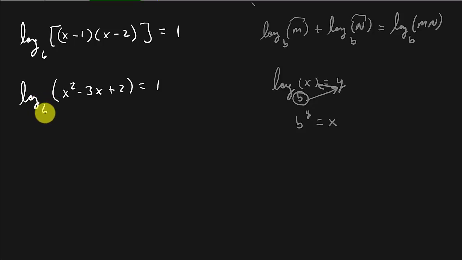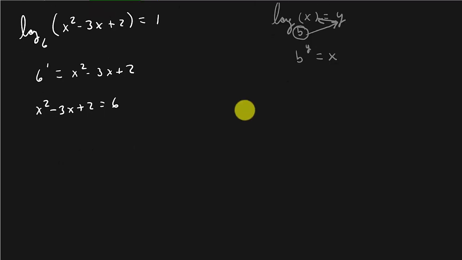So the base raised to the first power, so 6 to the first equals x squared minus 3x plus 2. All right, 6 to the first power is just 6. So let's just rewrite it: x squared minus 3x plus 2 equals 6. Because that's not going to always be an exponent of 1.